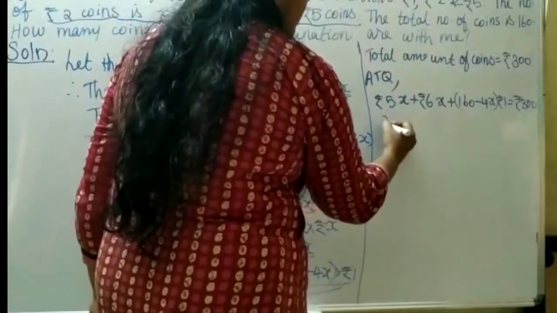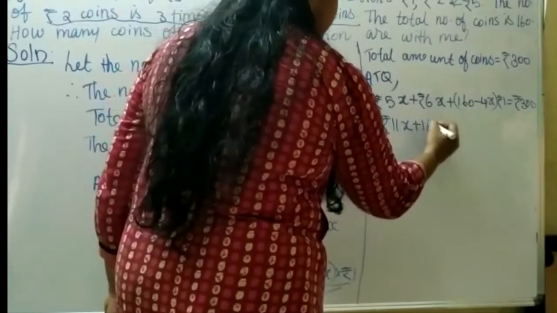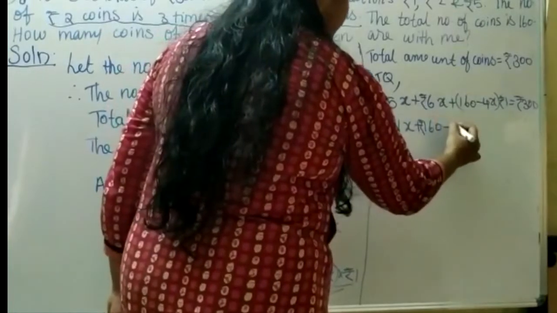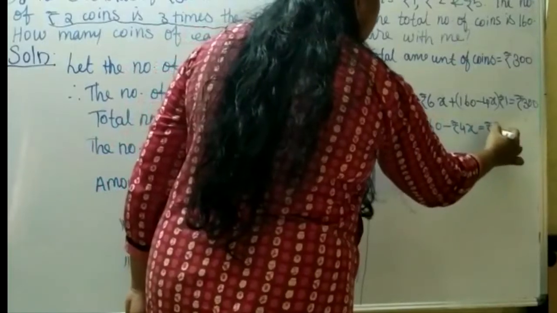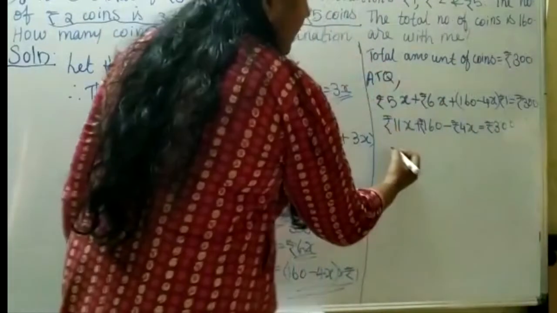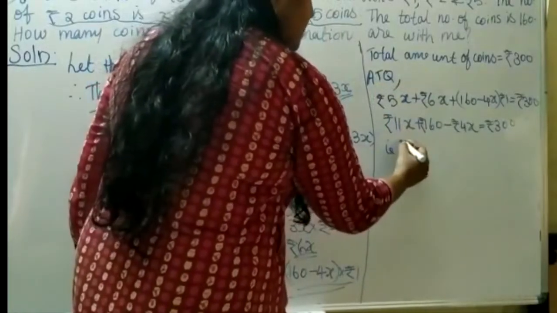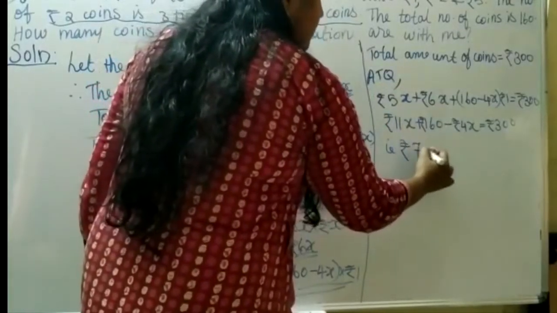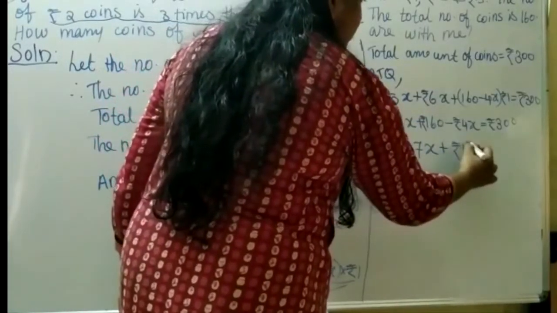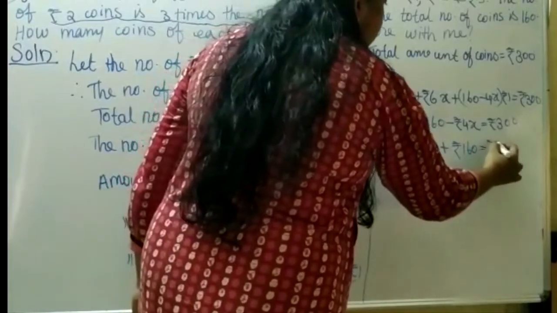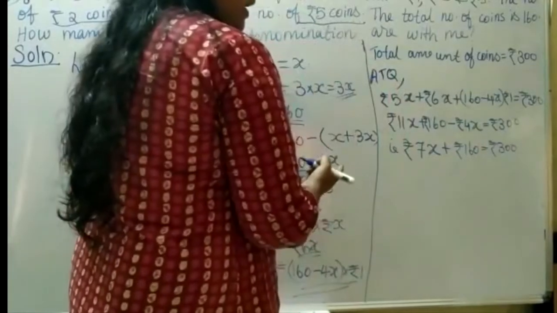That is 11x plus 160 minus 4x equals 300. That is 11x minus 4x gives 7x plus 160 equals 300.